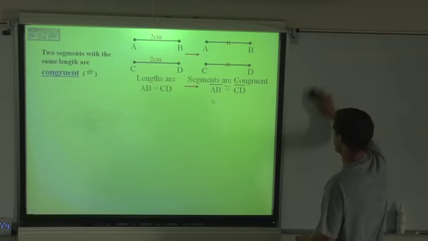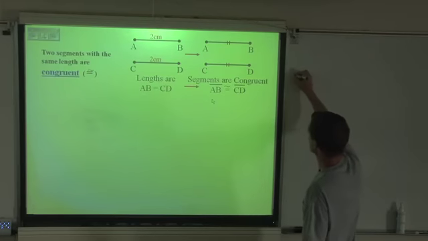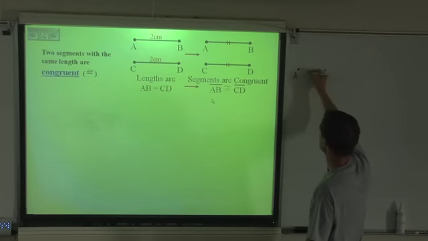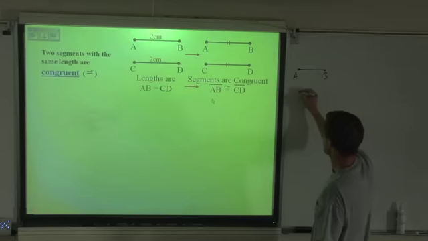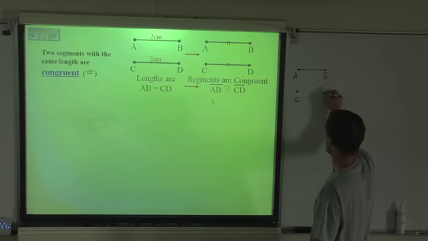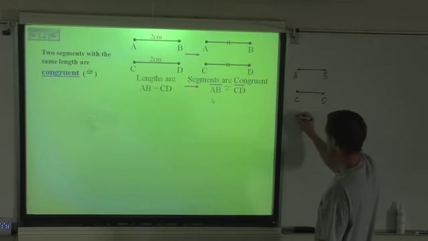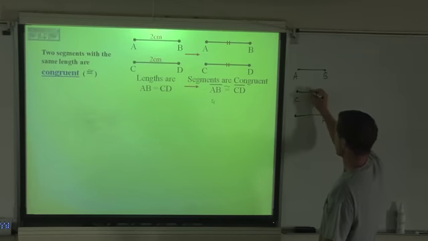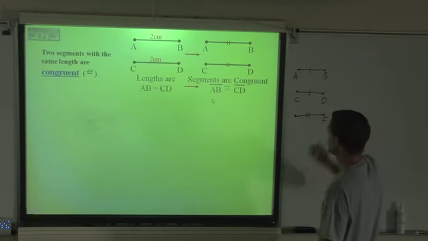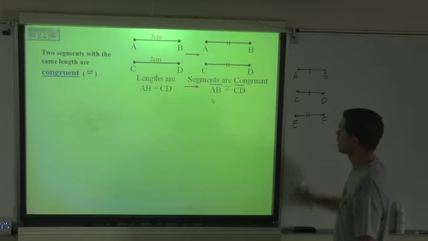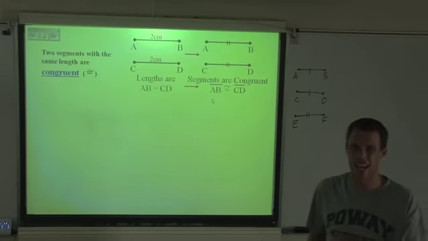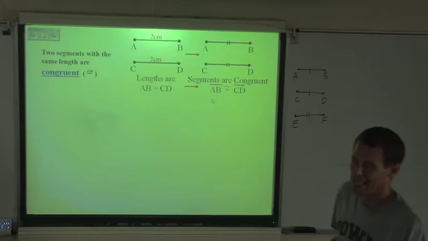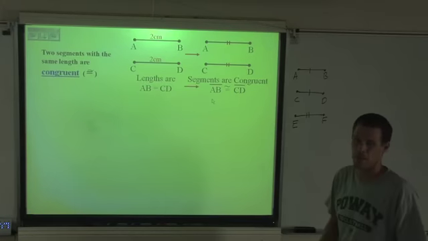If I was to put 3 segments on the board, here's AB, CD, and I put up EF. If I was to mark 1, 1, and 2, my markings suggest that AB is congruent to CD, but not necessarily exactly the same as EF.